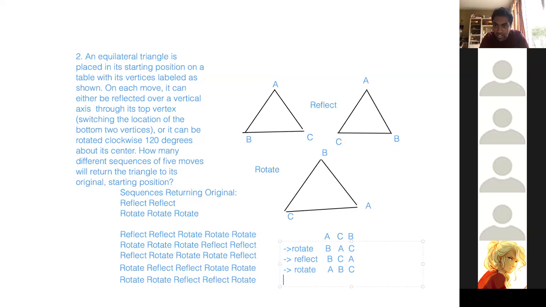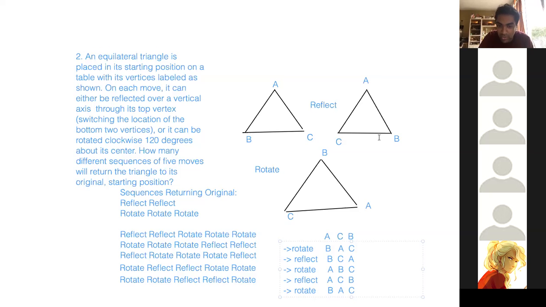Rotate, reflect, rotate, reflect, rotate. So what happens when we reflect here? We get ABC, and the last step, rotate, would give us BAC. So this actually doesn't work.